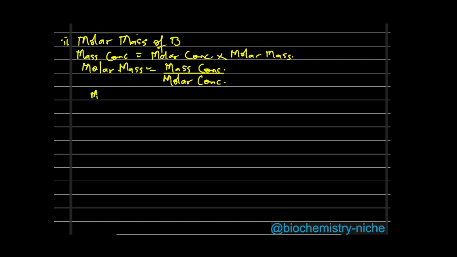Now, our molar mass equals 3.6, which was given in the question as the mass concentration of B, divided by the molar concentration that has just been calculated, which is 0.0337. When we do that calculation, we will have 106.824925.